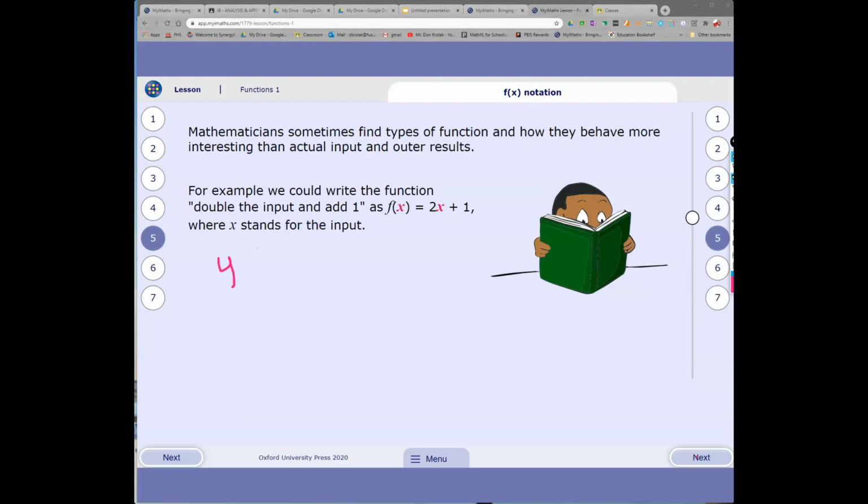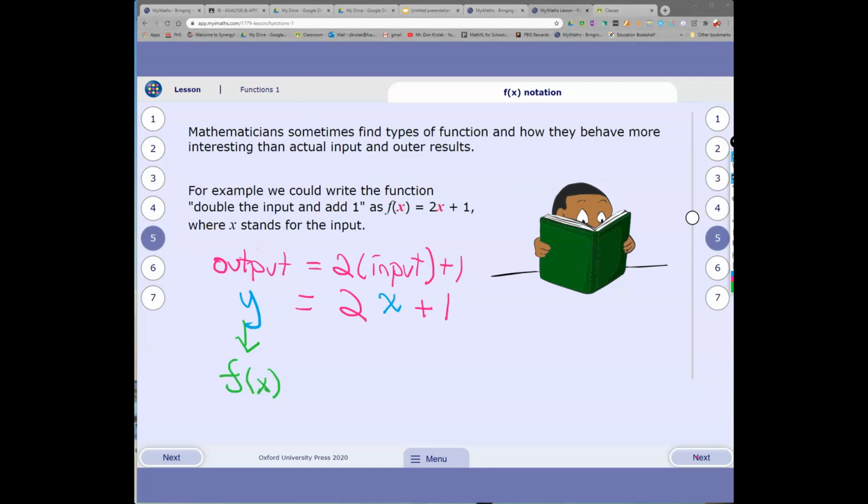We said the output y was equal to 2 times the input plus 1. And then another way of writing that same thing was to take out the word output and put a y in, take out the word input and put an x in, and then we got an algebraic expression. And what the next one is, in function notation, you take out the letter y and you replace it with the name of the function.